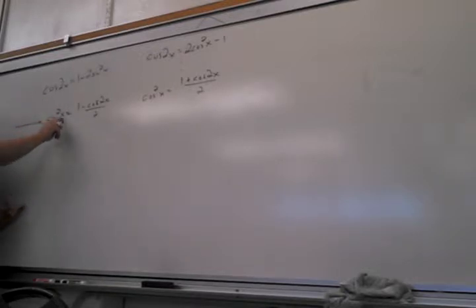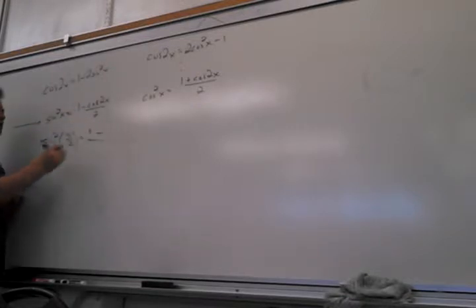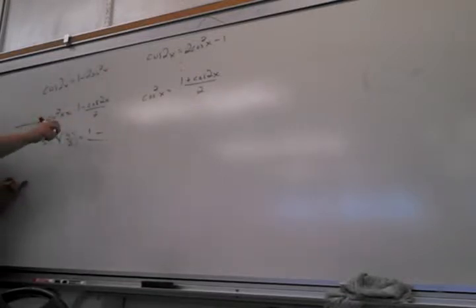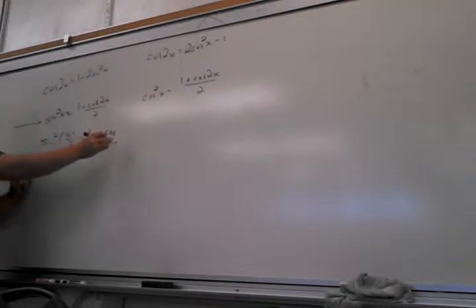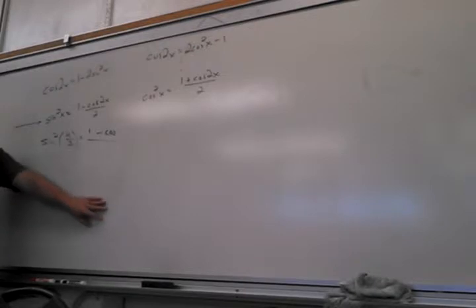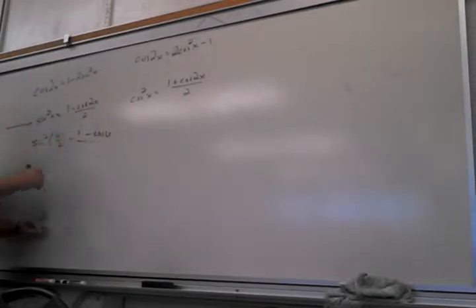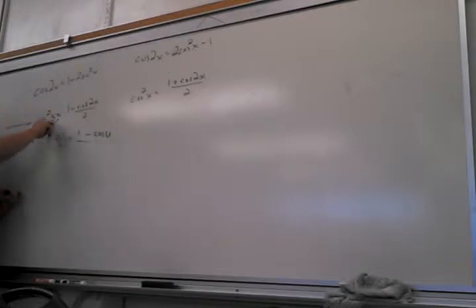So all you do is, if I put u over 2 right there, like they have in the book, what's got to be on this side? 1 minus cosine of u. Because what does this do? Twice that.